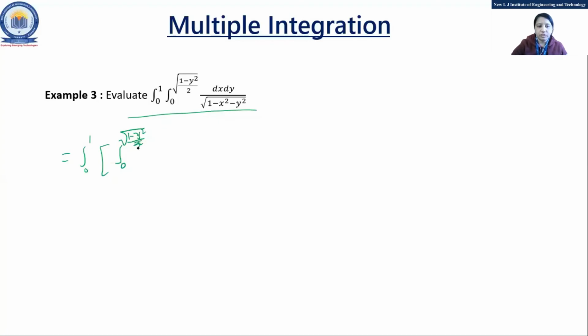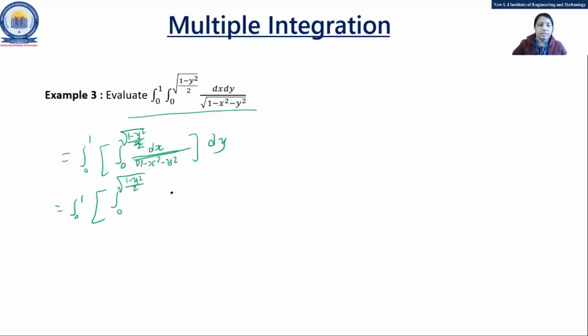Sorry, here it's a 2. So we are going to integrate it with respect to first what? Yes, with respect to x. So I'll write here dx upon under root 1 minus x square minus y square into dy. Clear? So 0 to 1 I have done in that way. Now the other variable is supposed to be constant.